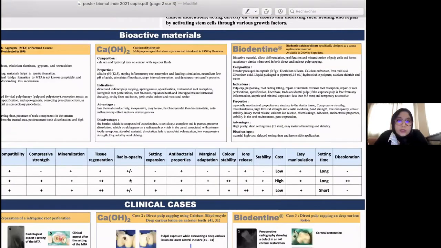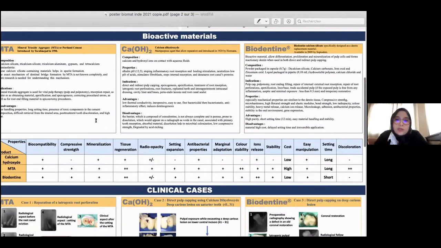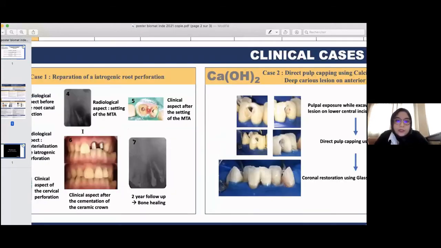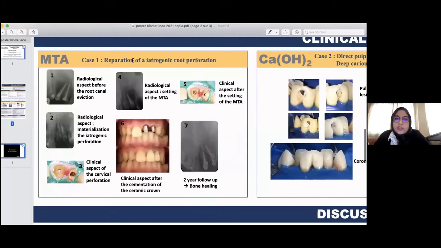And now we will show you three clinical cases that were treated with the three previous materials. The first case is about repair of an iatrogenic root perforation.